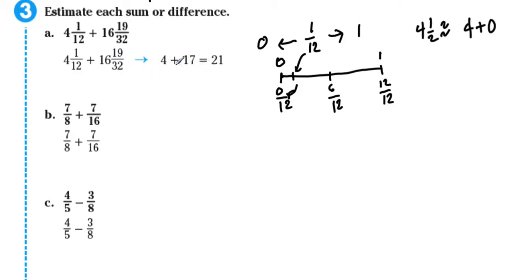16 over 32 is rounded to 17. Why? Because again, we want to find out whether 19 over 32 rounds to 1 or to 0.